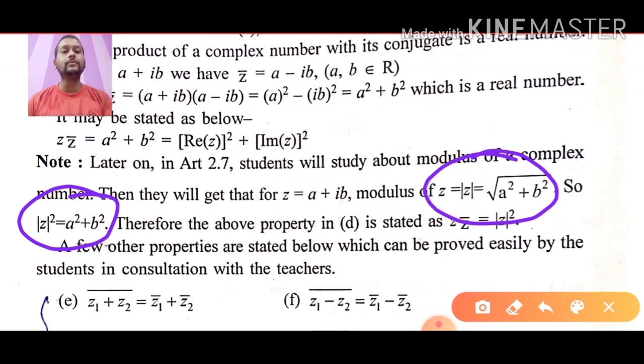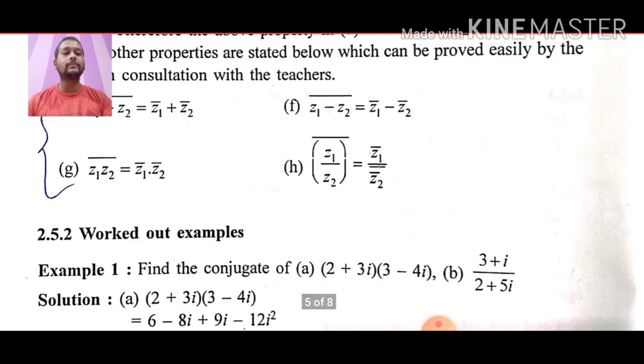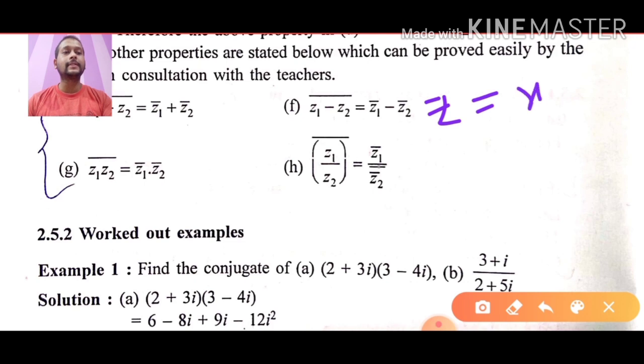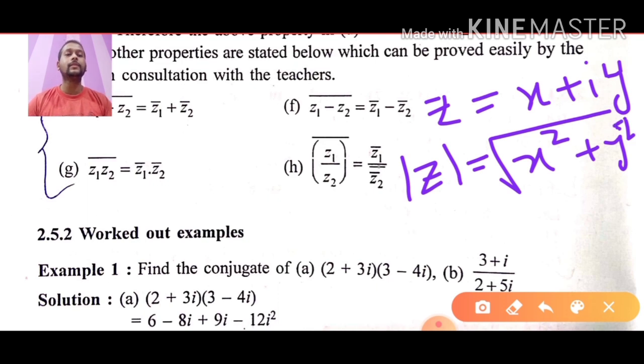When z is equal to x plus iy, then modulus of z will be root over of x square plus y square. For a plus ib, it is root of a square plus b square; for x plus iy, we have root over of x square plus y square.